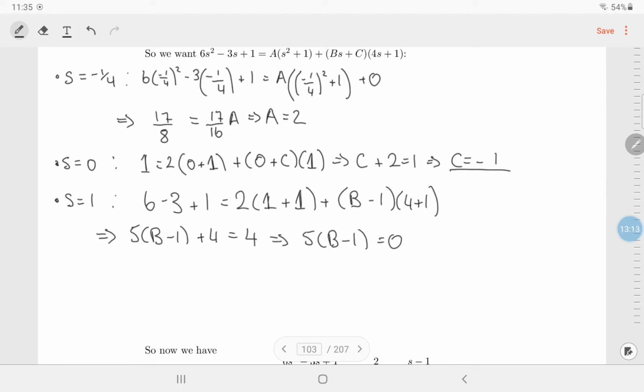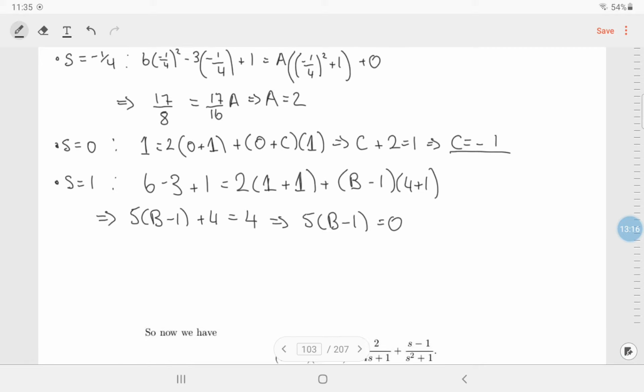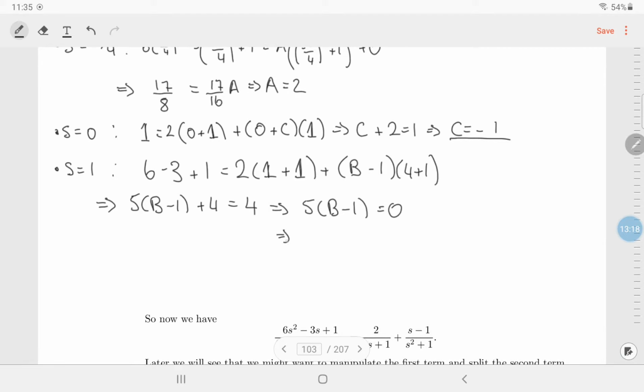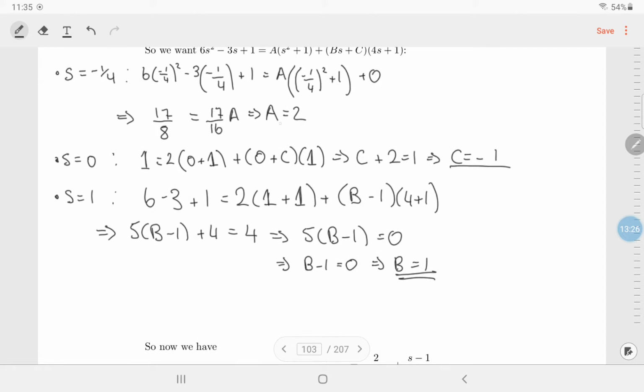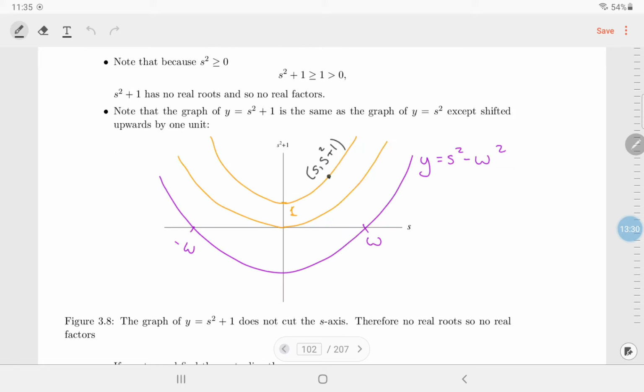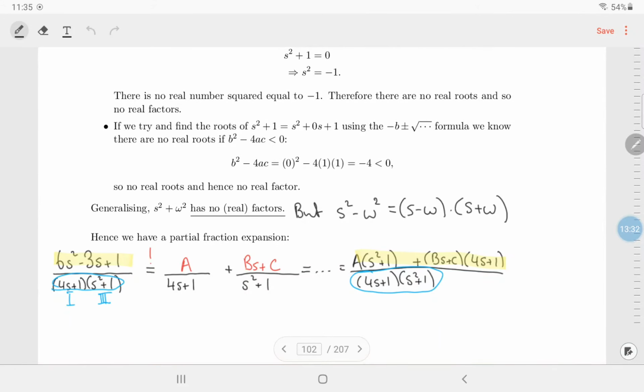The only way that can happen is if one of them is 0. 5 is not equal to 0, so you have to have that b minus 1 is equal to 0. Alternatively, divide both sides by 5, and so we get b is equal to 1. So if a is equal to 2, c is equal to minus 1, and b is equal to 1. So now we go back to the bit in red and put in the a, the b, and the c.